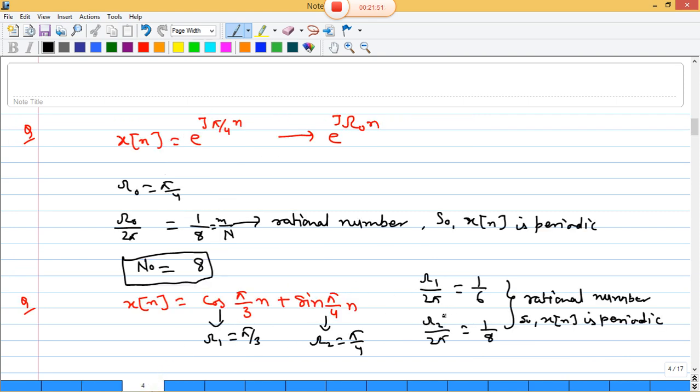Now what will be the fundamental time period? So fundamental time period is nothing but the LCM of 6 and 8.